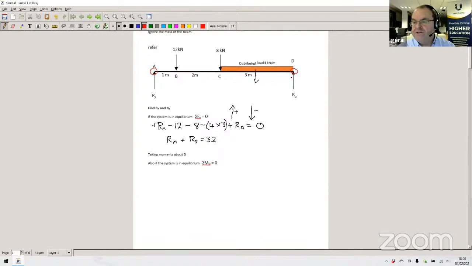The normal convention is to start from the right-hand side and do the moments in towards the left-hand side. So we'll take moments about D, because I've written that in anyway. And again, if the system is in equilibrium, the sum of the moments around D must also equal 0.